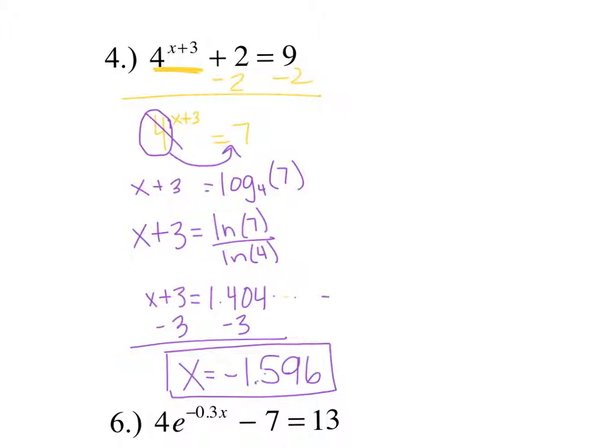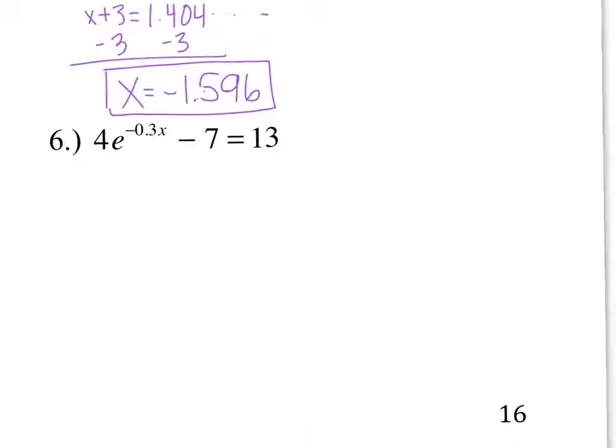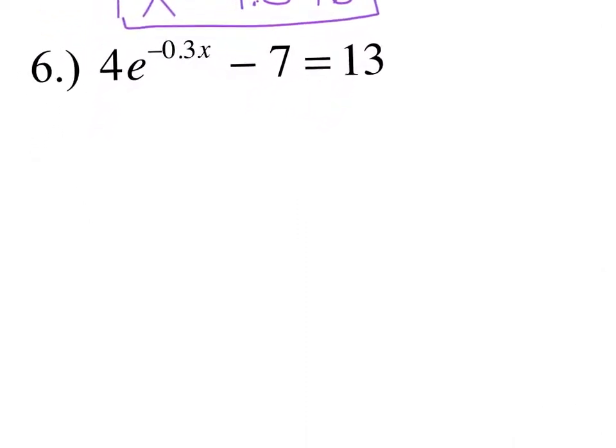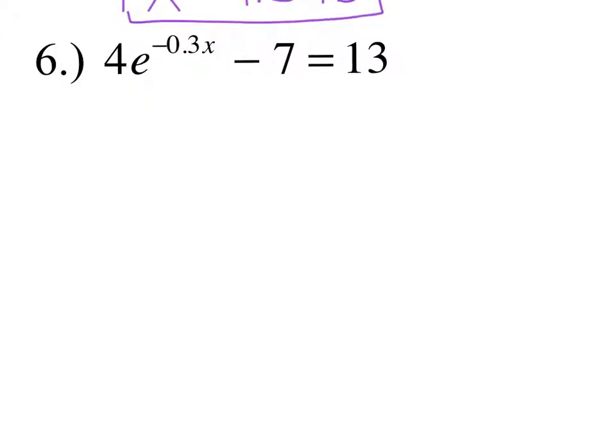So last one on this sheet, we are going to do number 6. 4 times e to the exponent of negative 0.3x minus 7 equals 13. Again, we want to get this e, the part that's being raised to the exponent, by itself. So we have to get rid of the 4 and the minus 7.